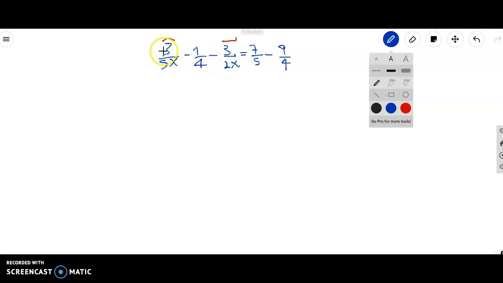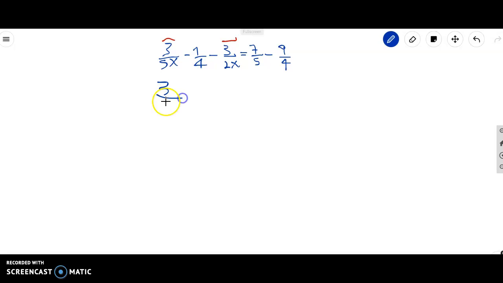We have 3 over 5x minus 3 over 2x, and then the equal sign, okay?